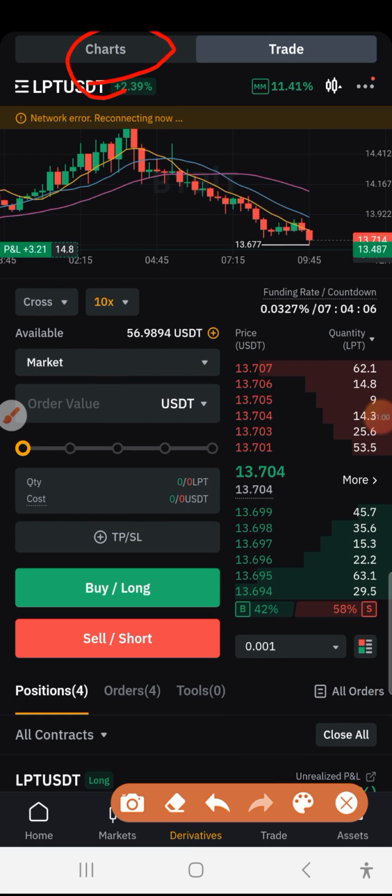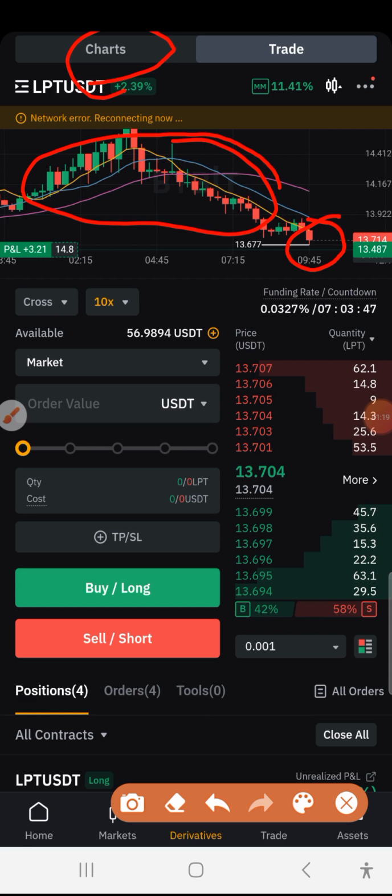This thing you see here is called candlesticks. Each of these candlesticks has its meaning. Whenever you see one, it is an indication of whether the coin will go up or go down, and whether you should buy or sell.